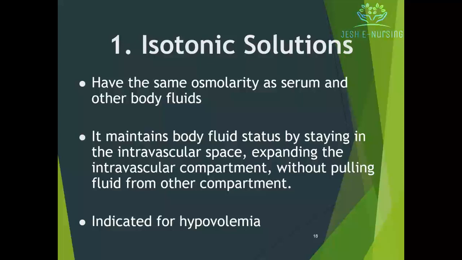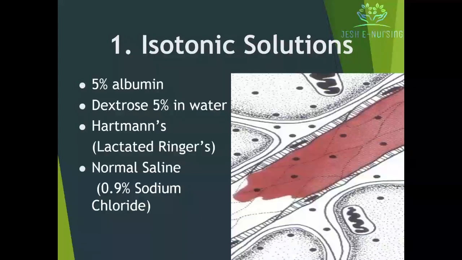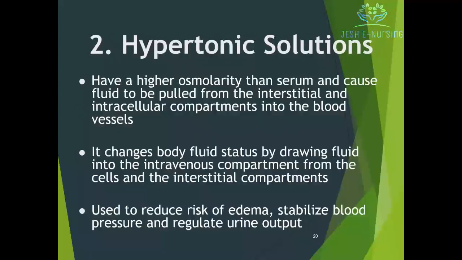It is indicated for hypovolemia. In hypovolemic conditions, we use this kind of solution. Examples of isotonic solutions are 5% albumin, 5% dextrose in water, and normal saline 0.9%.